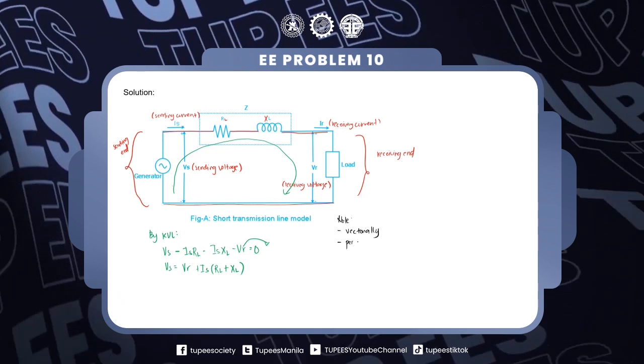Per phase basis lagi ang atake natin sa mga problems. Kung single phase, walang problema. Kung three phase, per phase basis pa ang gagawin. Next is, we have assumption na ang three phase system natin is Y connected unless stated na delta connected siya.